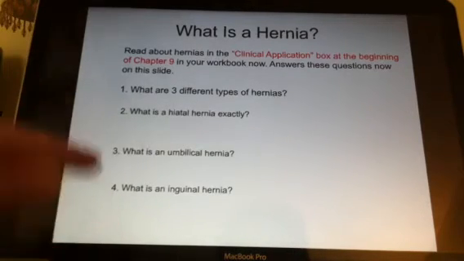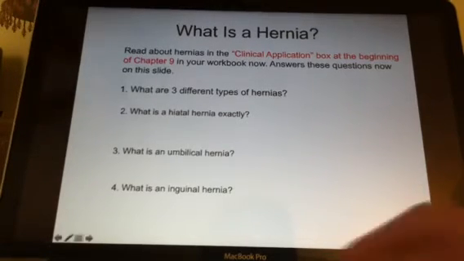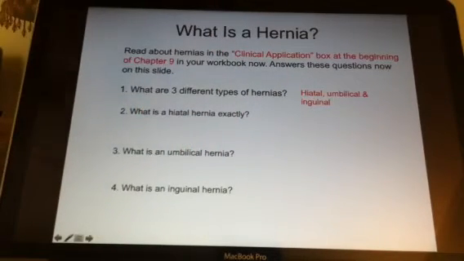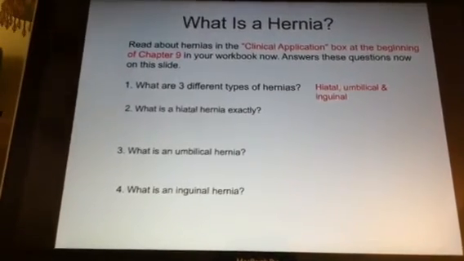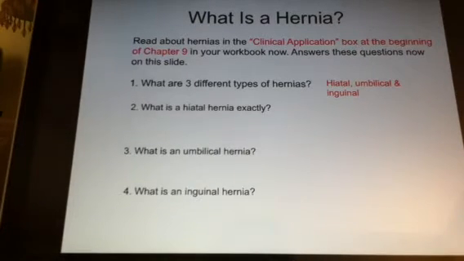And so we have 4 questions we're looking at together. And the first question is, what are the 3 different types of hernias? And maybe you've heard of some of these before: hiatal, umbilical, and inguinal. And the second question is then, what is a hiatal hernia exactly? And I don't know if some of you have those or you know somebody that's had a hiatal hernia.